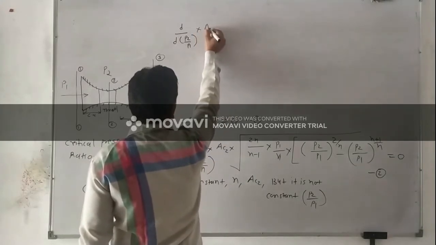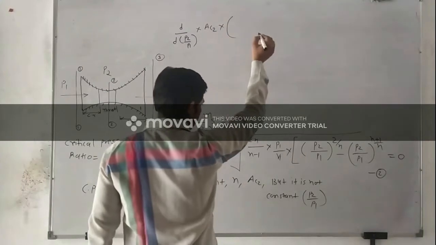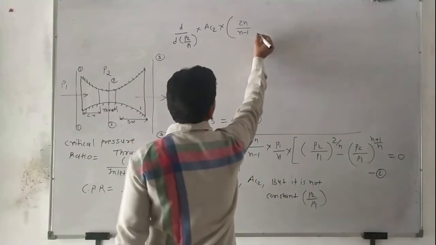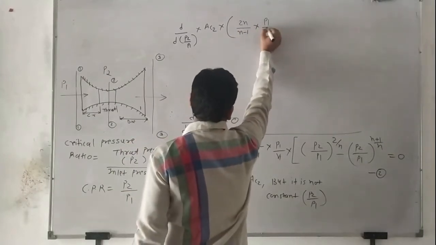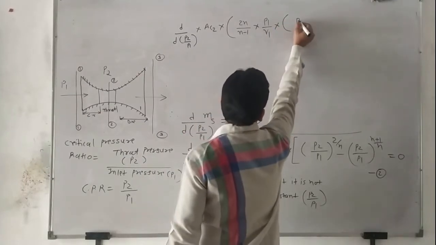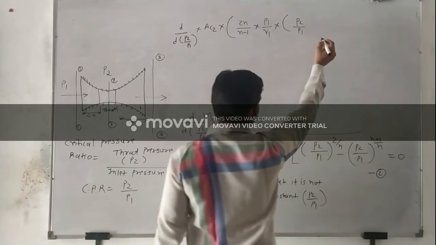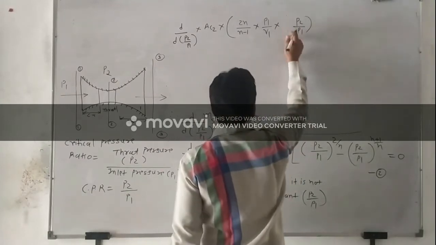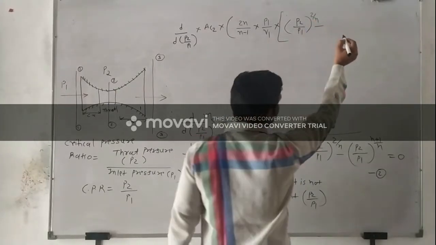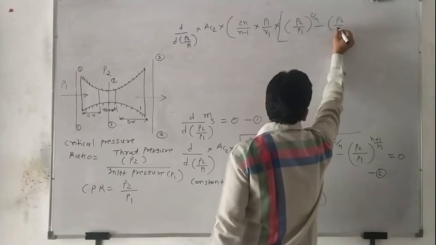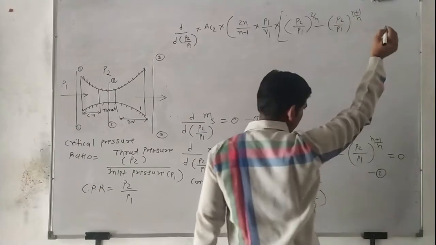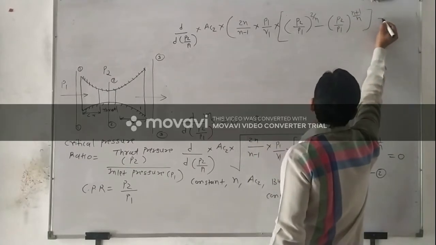I write down once again AC2, then bracket 2n upon n minus 1 into P1 V1 into bracket (P2 upon P1) to the power 2 upon n minus (P2 upon P1) to the power n plus 1 upon n bracket is equal to 0.